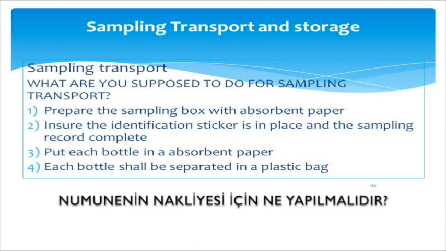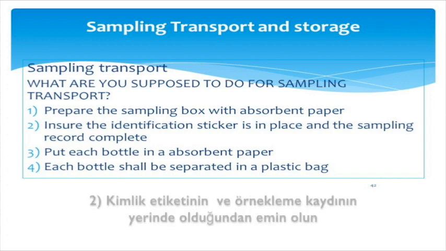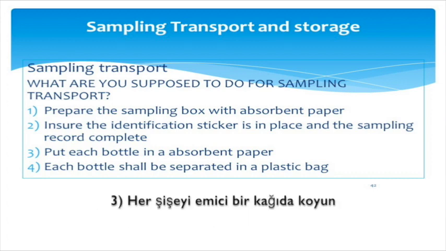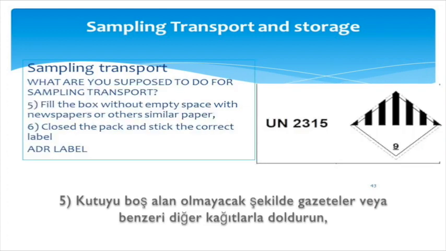What are you supposed to do for sample transport? First, prepare the sampling box with absorbent paper. Second, ensure the identification sticker is in place and the sampling record complete. Third, put each bottle in absorbent paper. Fourth, each bottle should be separated in a plastic bag.